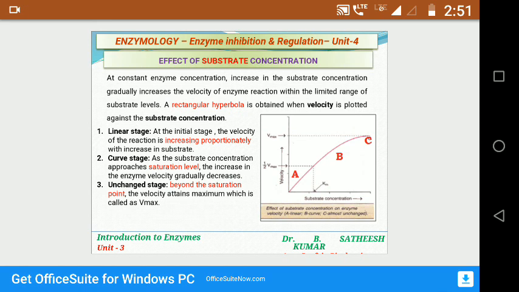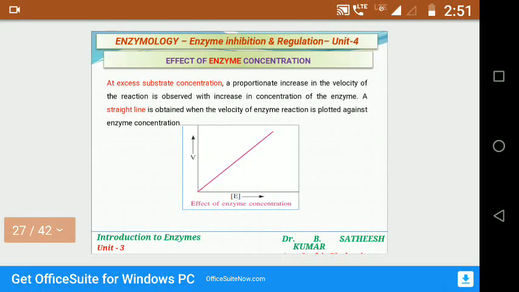Up to some extent, that is below the saturation level, the enzyme activity proportionally increases with the substrate concentration. Once it reaches the saturation level, it will be at a maximum, and further increase in substrate concentration doesn't change it. And for enzyme concentration, if we keep the substrate concentration in excess and gradually increase the enzyme, the enzyme activity increases proportionally, so we get a straight line.